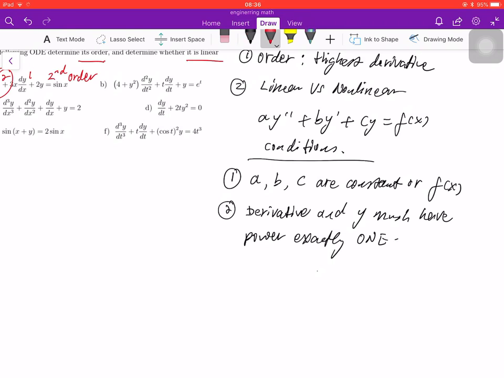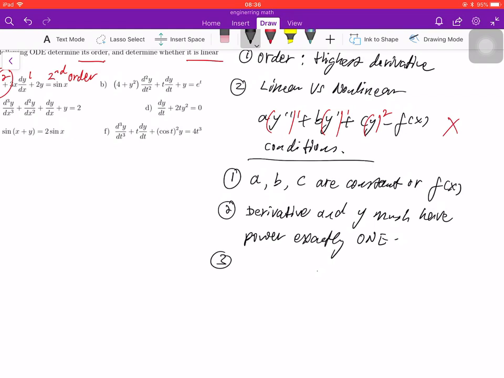Meaning that in this differential equation, the y double prime must be power of 1, y prime must be power of 1, and the unknown function y must also be power of 1. If you see one term of derivative in the differential equation, for example the unknown function, with an order of 2, then this differential equation is non-linear.